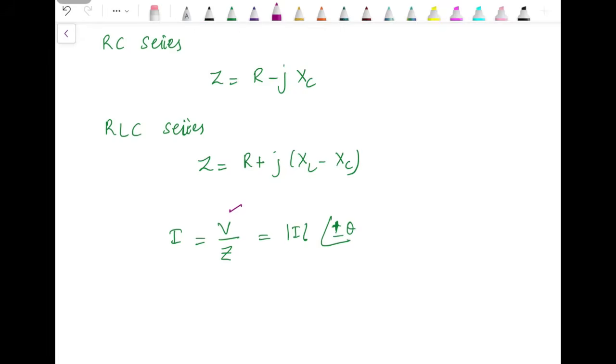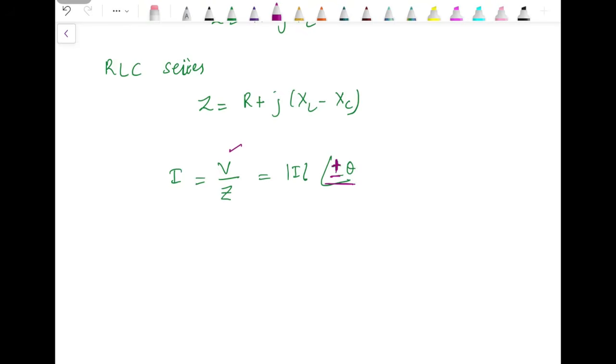That 230 is only magnitude, and we consider that this voltage is at angle 0, and then we get the angle of the current. If that angle is positive, current is leading the voltage. If negative, current is lagging the voltage. Correspondingly, we have leading power factor or lagging power factor.